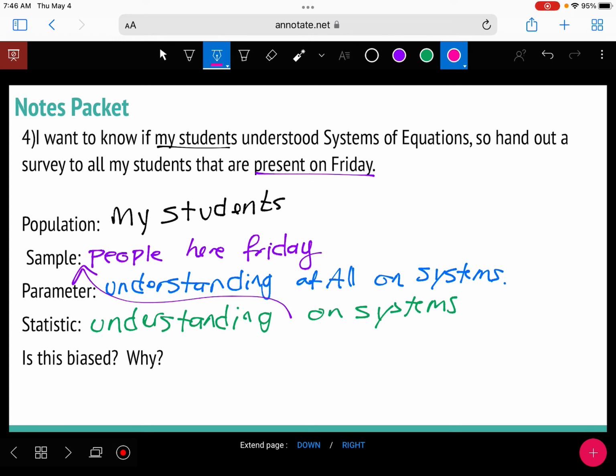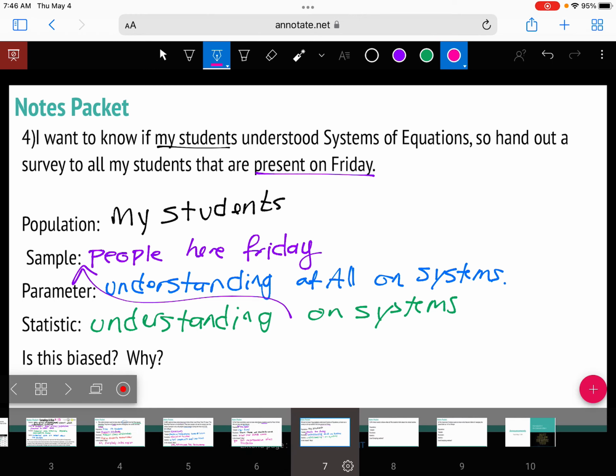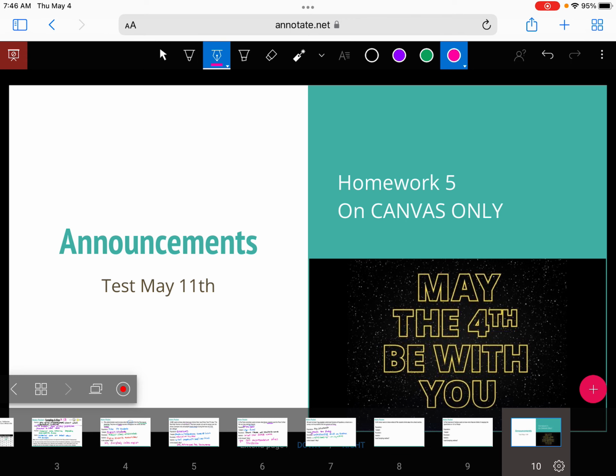Okay, so there are a couple more on there where you can think about where you would pull data, but we don't really need to focus on that. Let's just focus on the homework assignment. Homework 5 is today, tomorrow, and Monday.